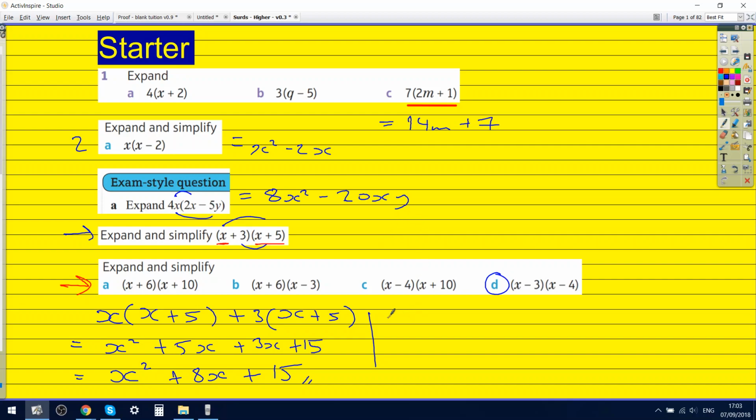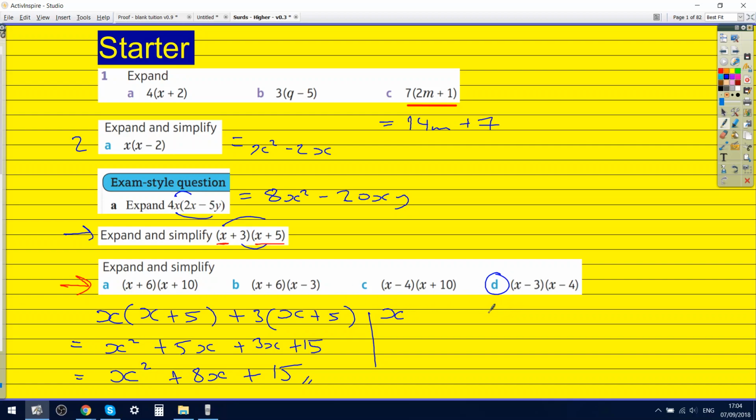So what would be the first step, even before multiplying x by x? How would you write the question? x plus 6, add x, and then x plus 10.